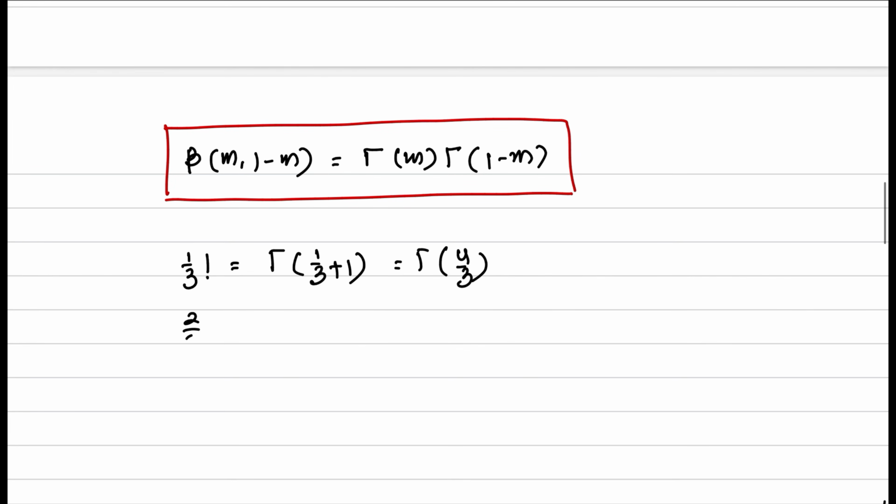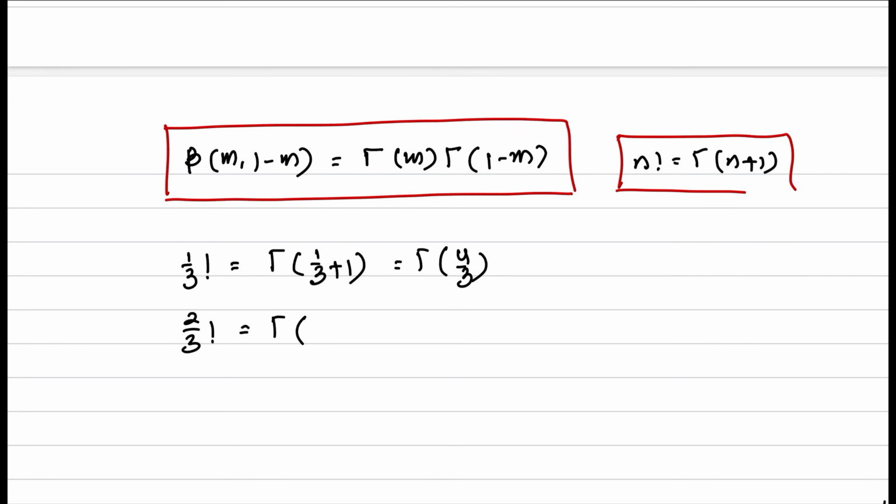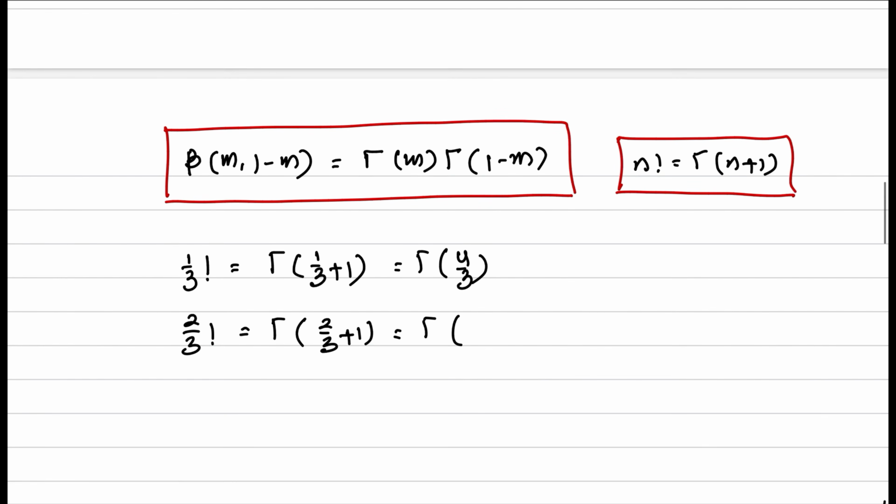What is factorial 2 by 3? That is gamma, because factorial n is equal to gamma n plus 1. Please remember this. Gamma 2 by 3 plus 1, that is gamma 5 by 3.